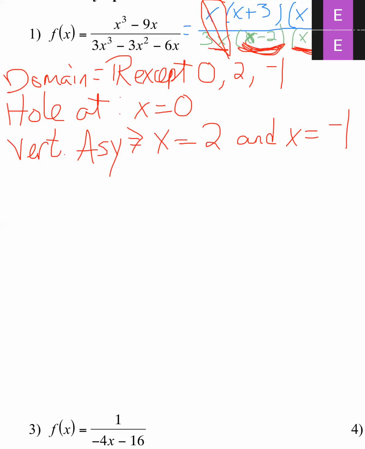Okay, so there are my vertical asymptotes. Those two factors did not cancel with anything in the numerator, and those are the values that would give me a 0 in my denominator. Okay, so vertical asymptotes in those two spots.